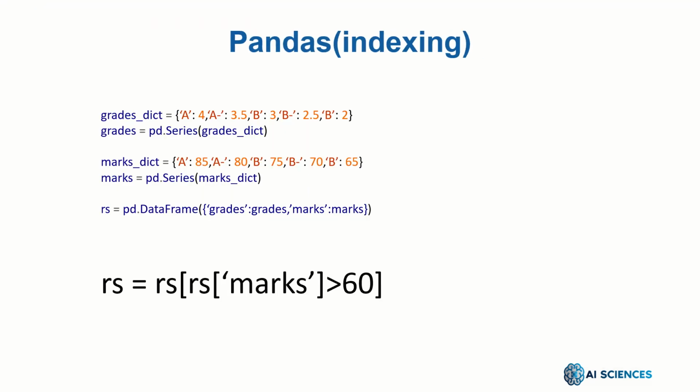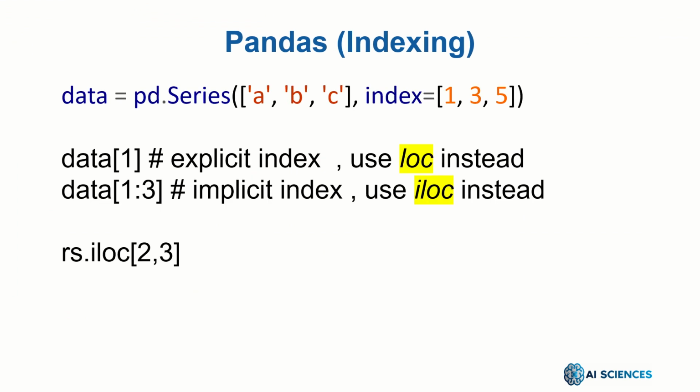Next, we move to another problem, implicit and explicit indices. It is possible sometimes that, due to certain reasons, you define your explicit indices in defining the series in such a way that the explicit indices are numeric.